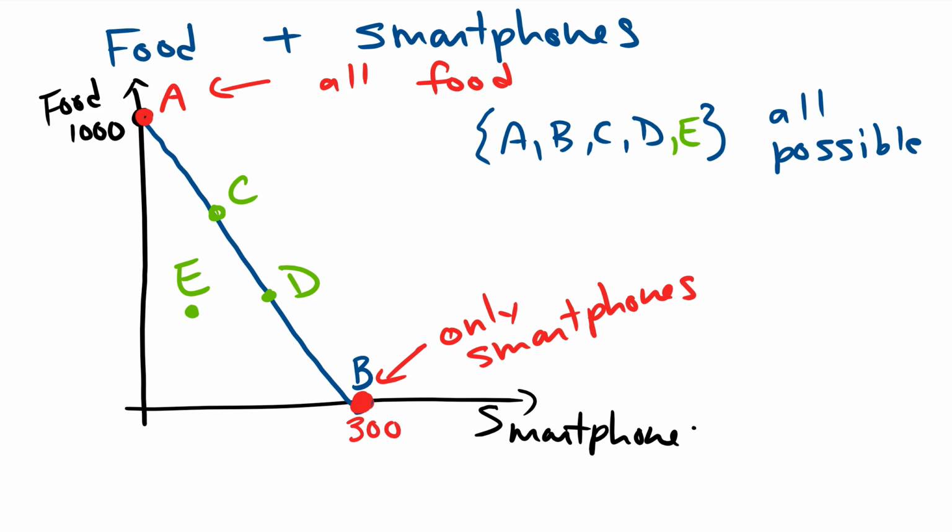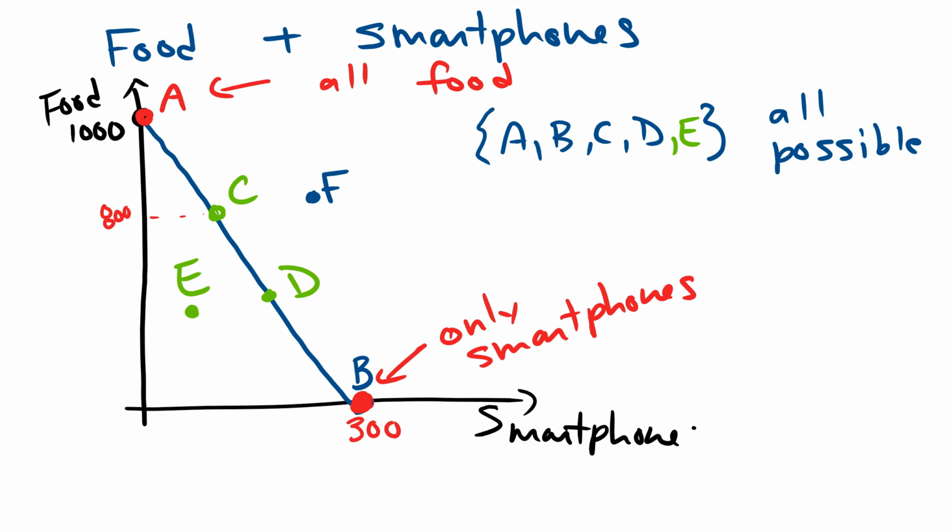Let's suppose C was like 800. I don't know. Then yeah, we could do less than that, and we could do fewer smartphones than that. So that's totally possible. The next question would be, what about F? Is F possible?